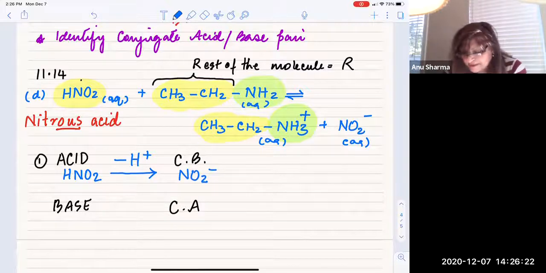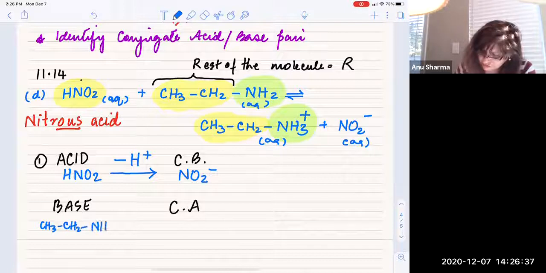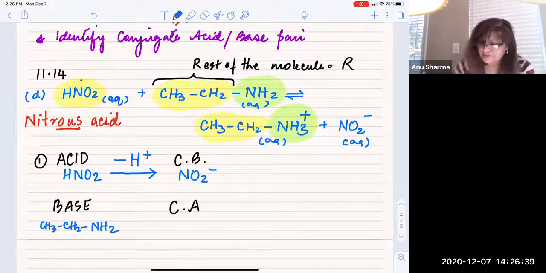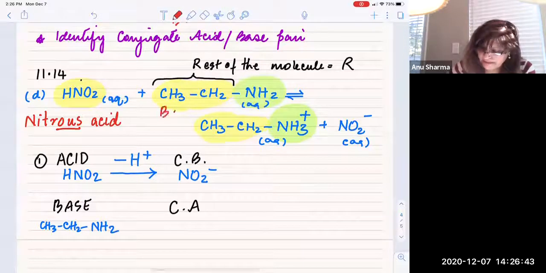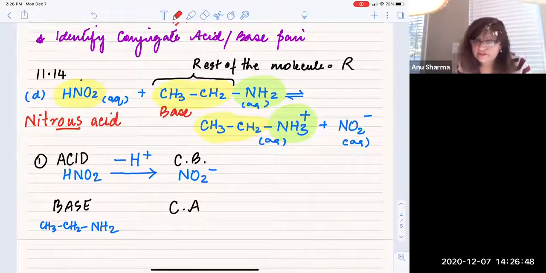And which one is acting as a base now? Which is the base in this reaction? This guy, CH3CH2NH2. This will act as a base. So anytime you identify an acid or a base, the counterpart is going to be a base or an acid. So NH2 is acting as a base.